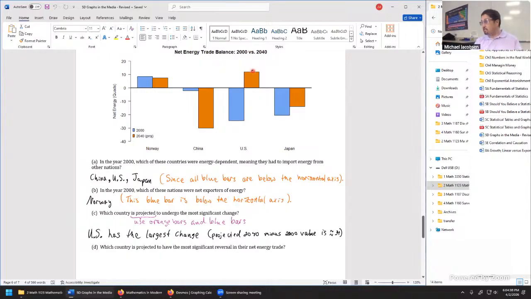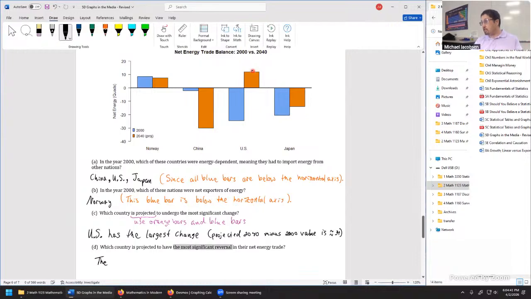So we would say here, the country is US. So most significant really wasn't a big part of this question. It's the only one that had an energy reversal from being dependent into independent. So let's just mention that as well in our answer.